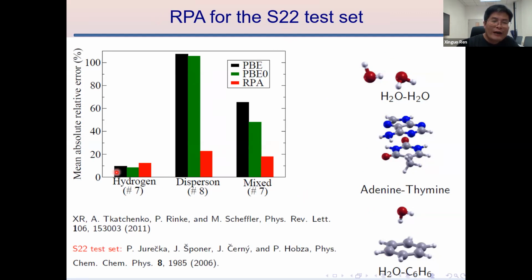Here we see that for hydrogen bonding systems, normal GGA and hybrid functionals also perform quite well. But for dispersion and mixed bonding systems, RPA really is a significant improvement over conventional functionals, because by construction these functionals don't capture pure dispersion interactions.